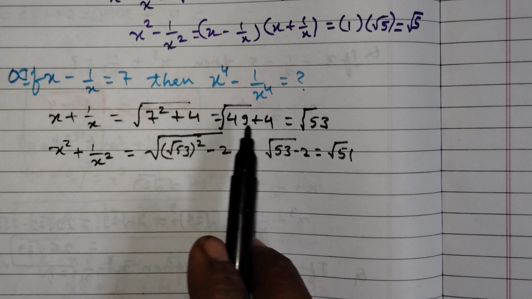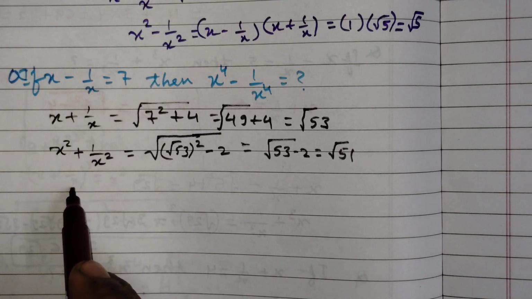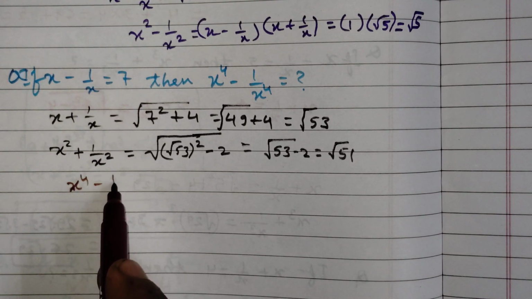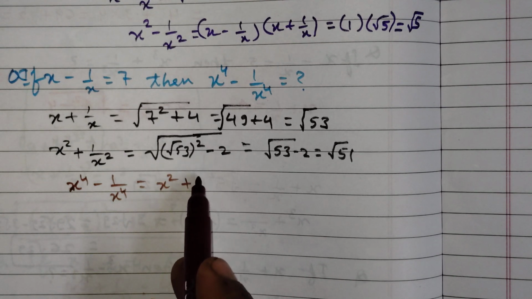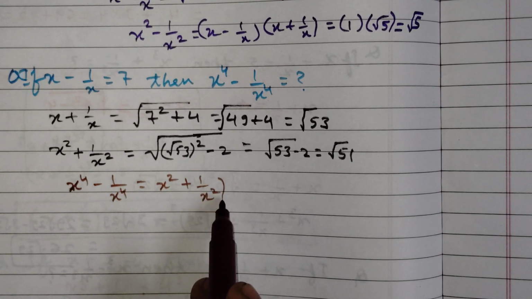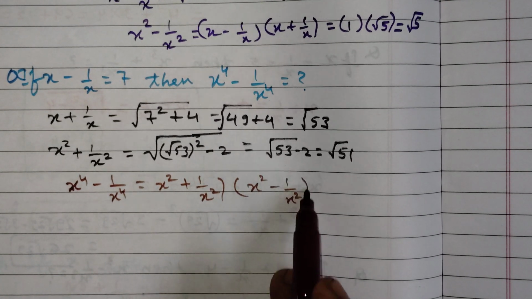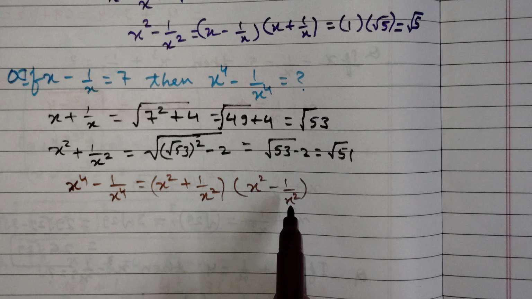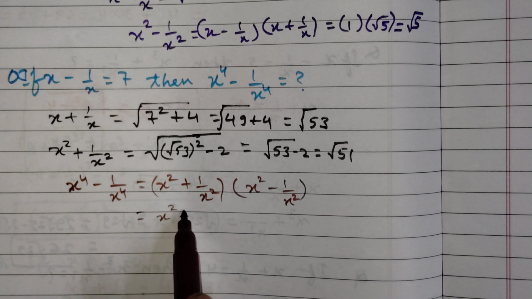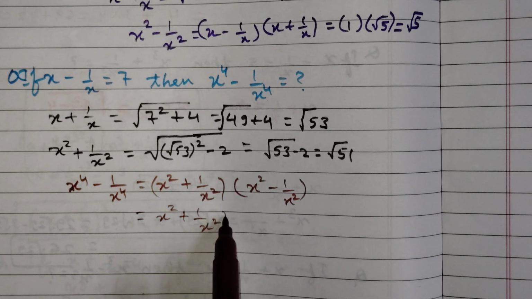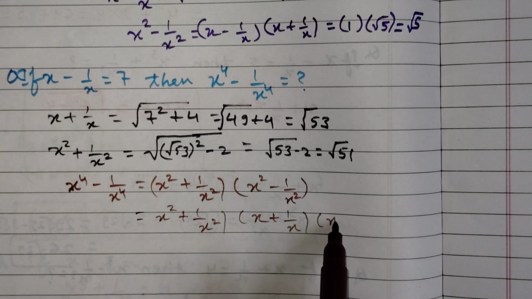Now x to the 4 minus 1 upon x to the 4 is further written as x square plus 1 upon x square times x square minus 1 upon x square, and x square minus 1 upon x square is further written as x plus 1 upon x times x minus 1 upon x.